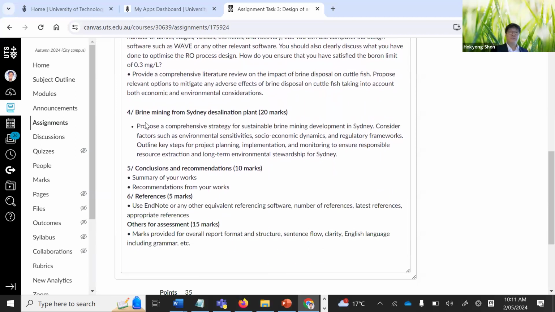You need to finalize and make a conclusion for your assignment 3, and make sure your references, the flow and structure, as well as the English language, including grammar, are organized. So this is assignment 3.